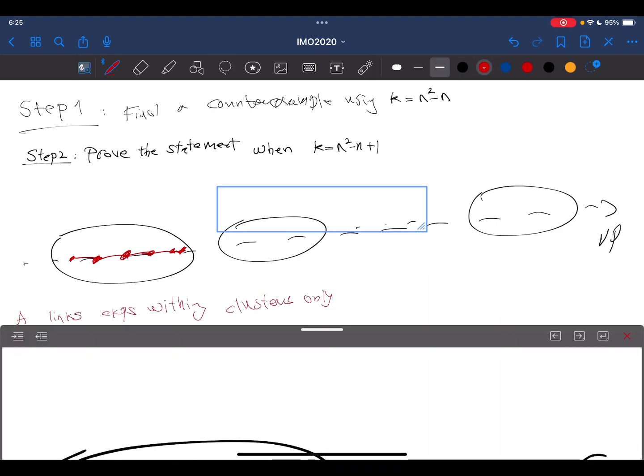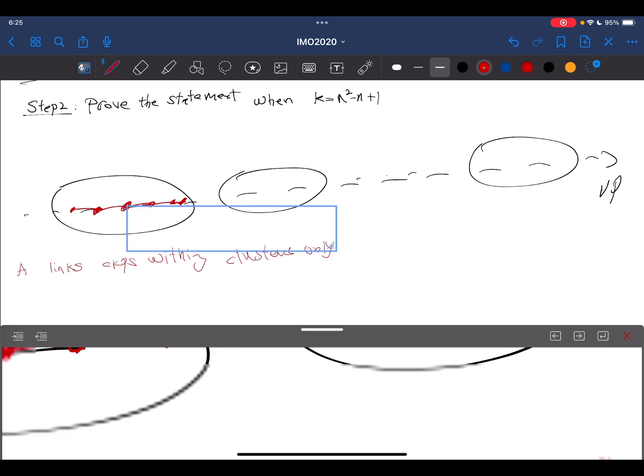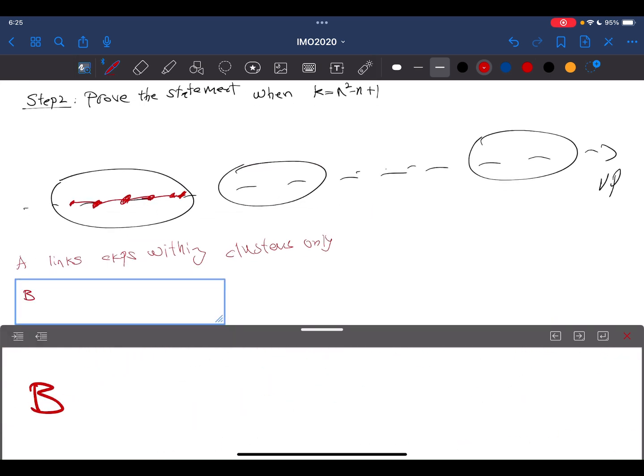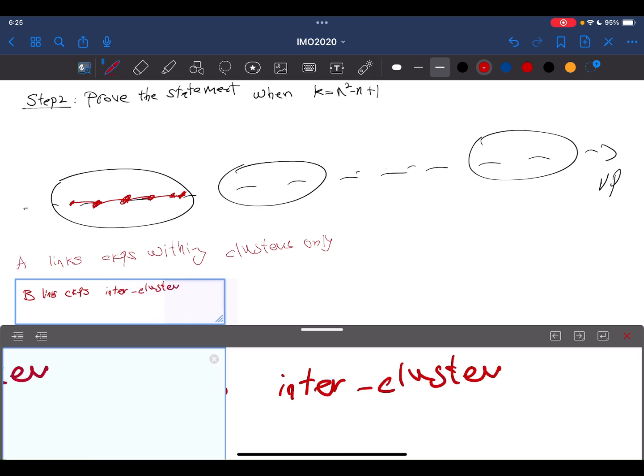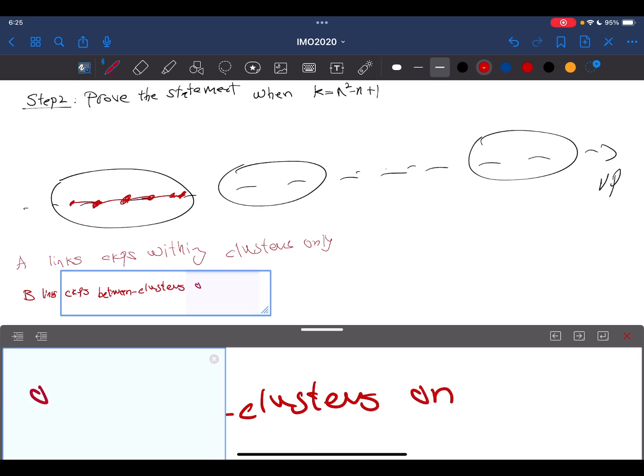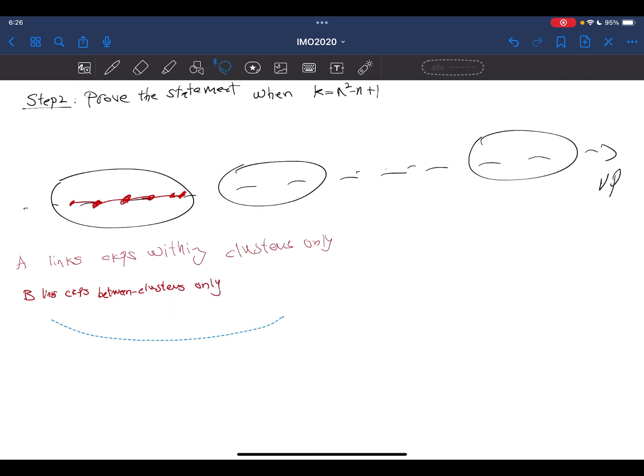And let's also say that B links checkpoints between clusters only. Okay? And this is the idea for actually constructing the counterexample.